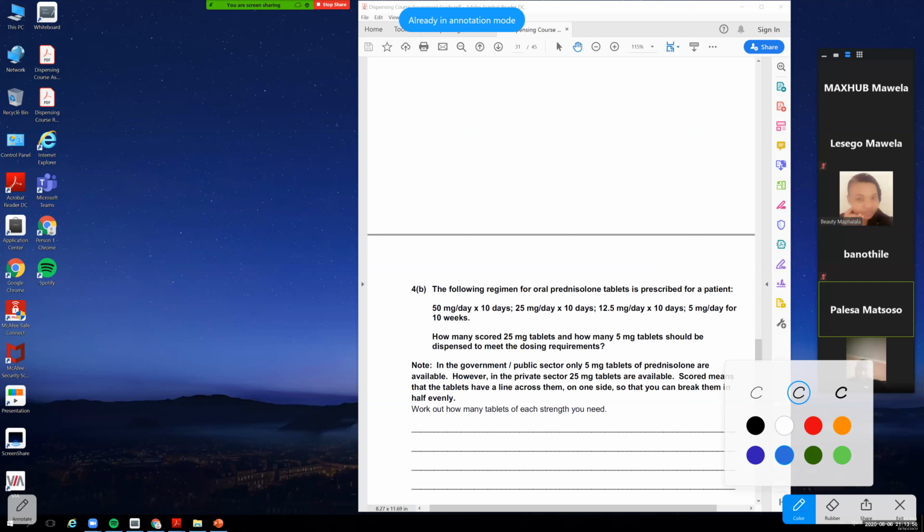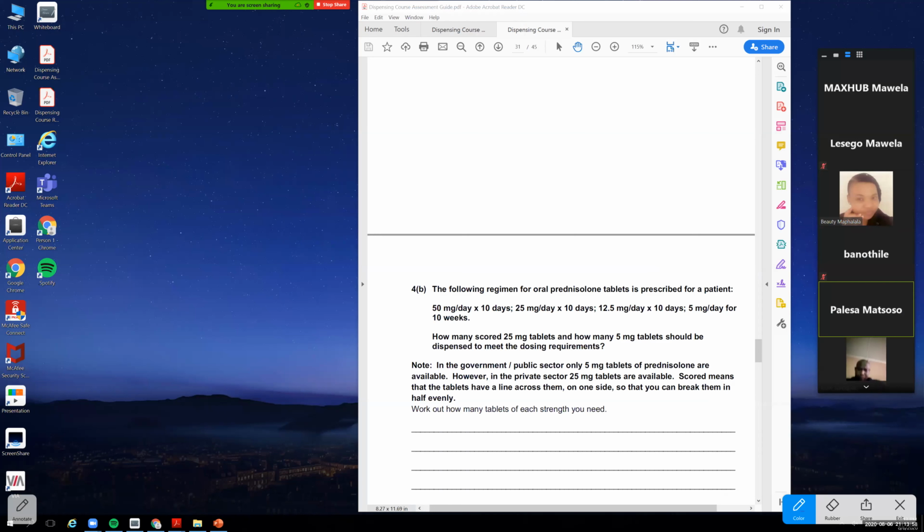So what you see is that, remember now, in the government sector you have your 5 milligram tablets, right? In the private sector, they have the 25 milligrams, right? And the tablets are also scored, that means if you break them, you get half this side and half that side, right?